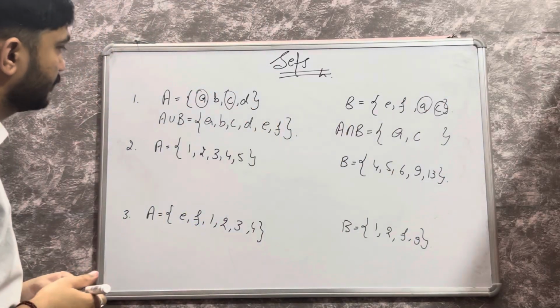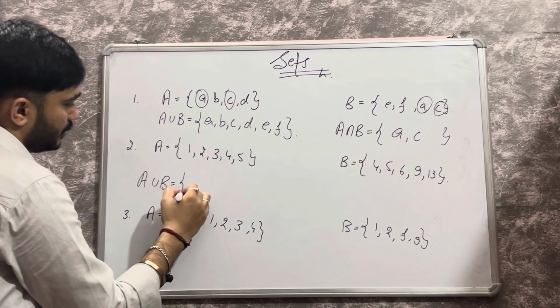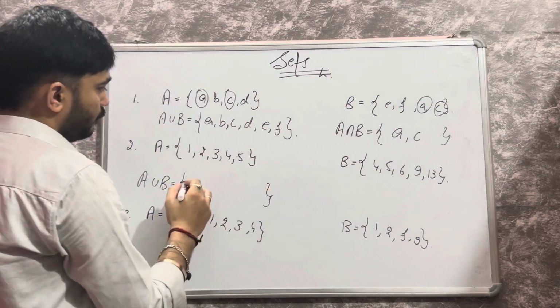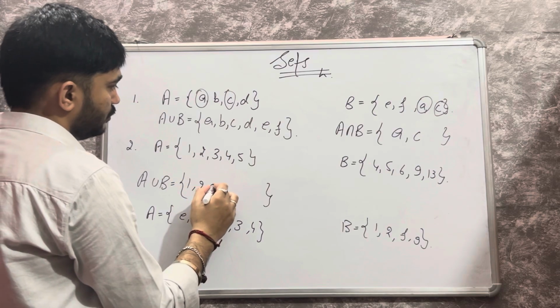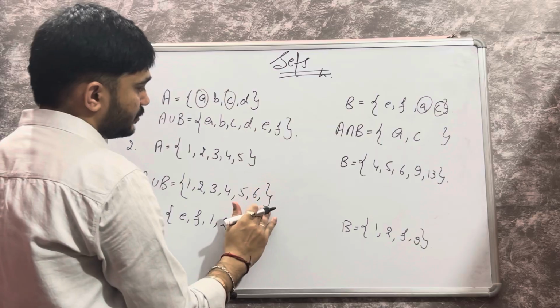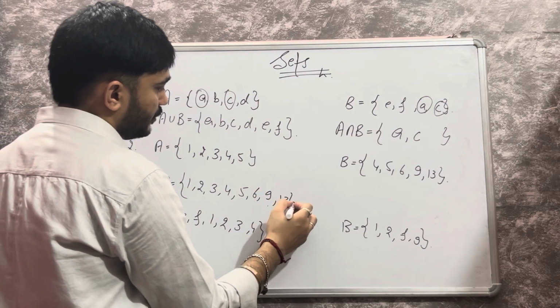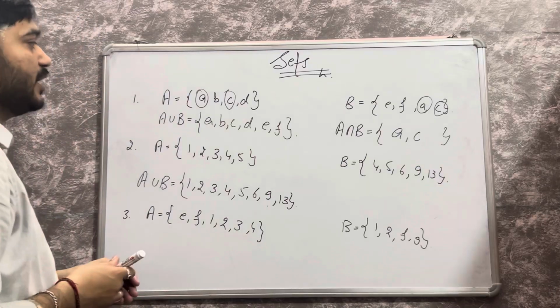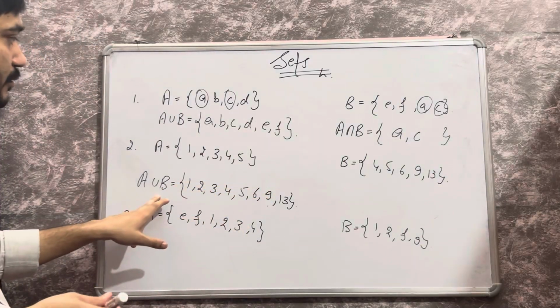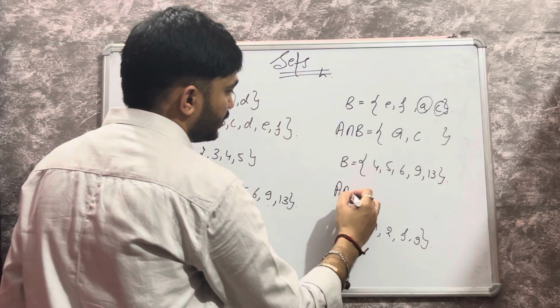Any doubts? What is the union of A union B? We are going to write 1, 2, 3, 4, 5, 6, 9 and 13. Don't write the common element twice, please, in union. What is the intersection of A intersection B?